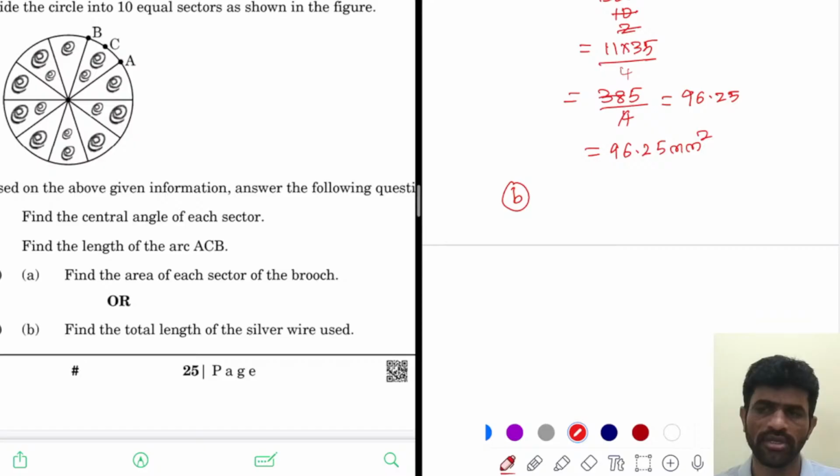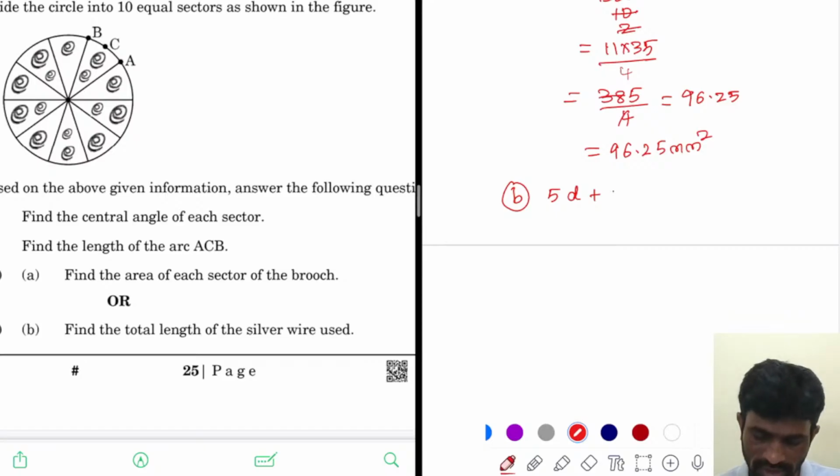You have to see how many diameters there are. 5 diameters are there. So 5 into diameters plus the total length of the silver wire we have to use. So total number of diameters plus the circumference of the circle.